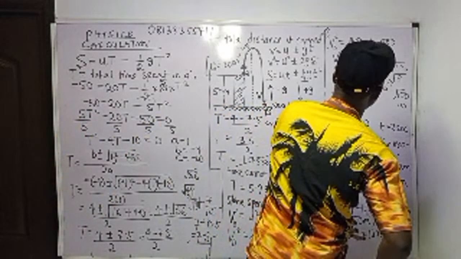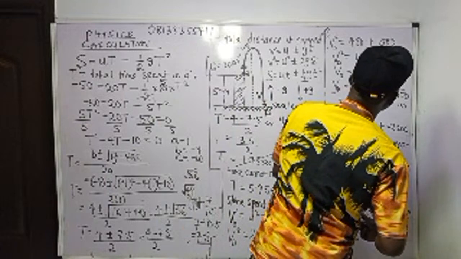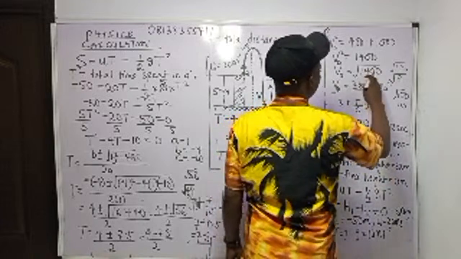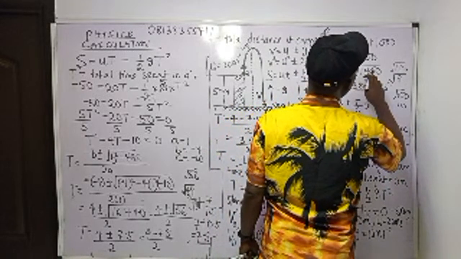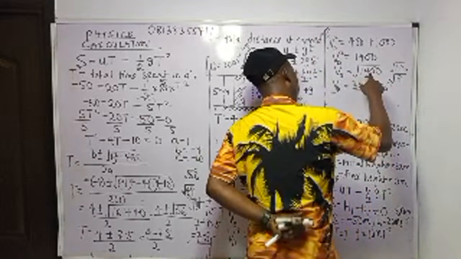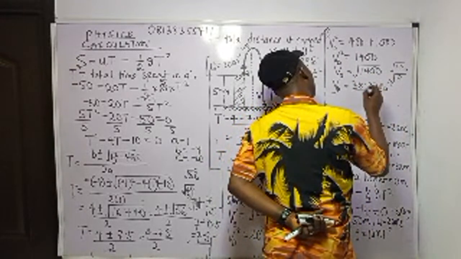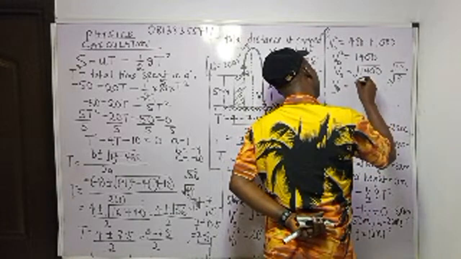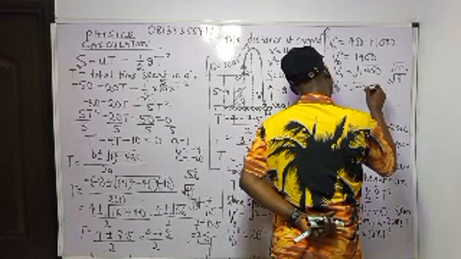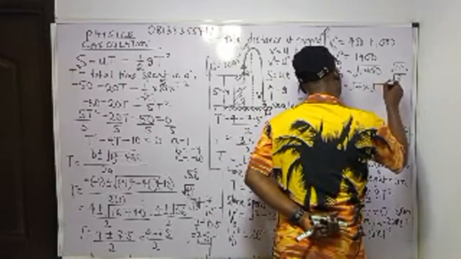14 minus 9 is 5. Yes, because this one now is what? Let me check something. If you check very well, this is 20. Let me check it. What you can write it as is 14 times square root of 100.